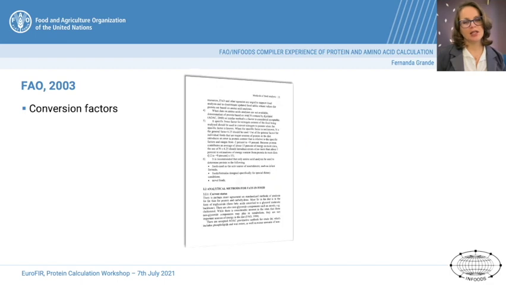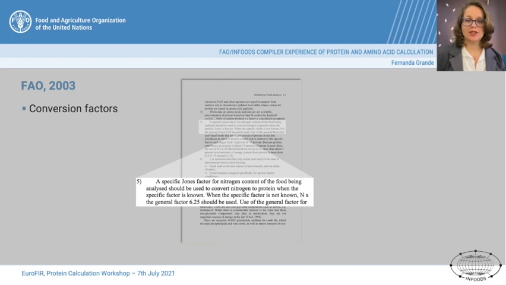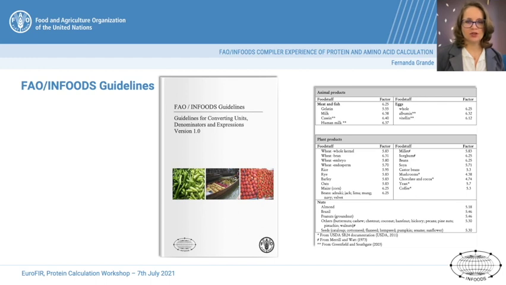So regarding the indirect analysis of protein, the report says that a specific Jones factor for nitrogen content of the food being analyzed should be used to convert the nitrogen to protein when the specific factor is known. So when we don't know the specific factor, we can use the generic 6.25. The Jones-specific factors are also recommended for use in the FAO INFOODS guidelines, with a few complementary factors from other sources as indicated in the document.